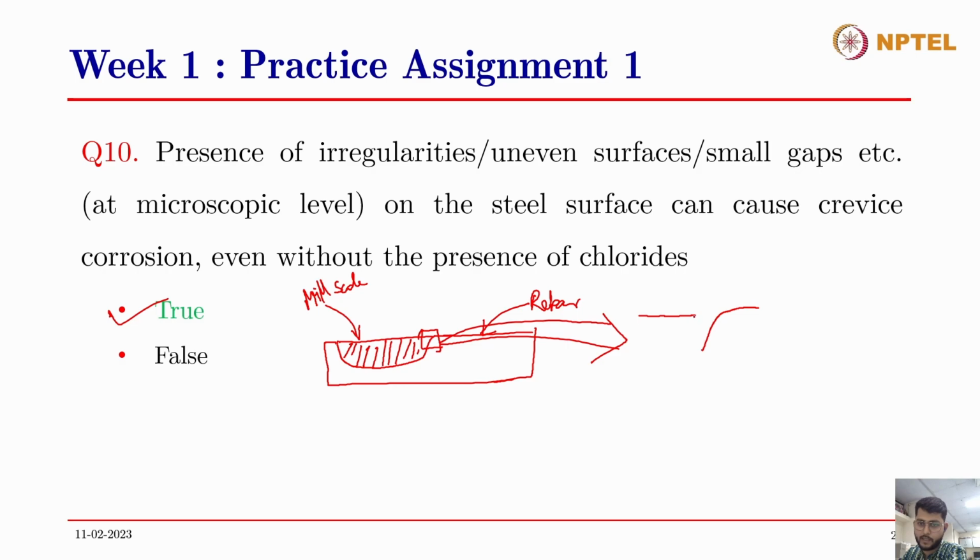Due to this irregularity and inhomogeneity in the material, a crevice occurs at this location, and this will cause corrosion even in the absence of, let's say, chlorides. The corrosion will start in this crevice and start getting deeper into the rebar region. This is known as crevice corrosion, which happens in the presence of irregularities or inhomogeneities on the surface of the metal.